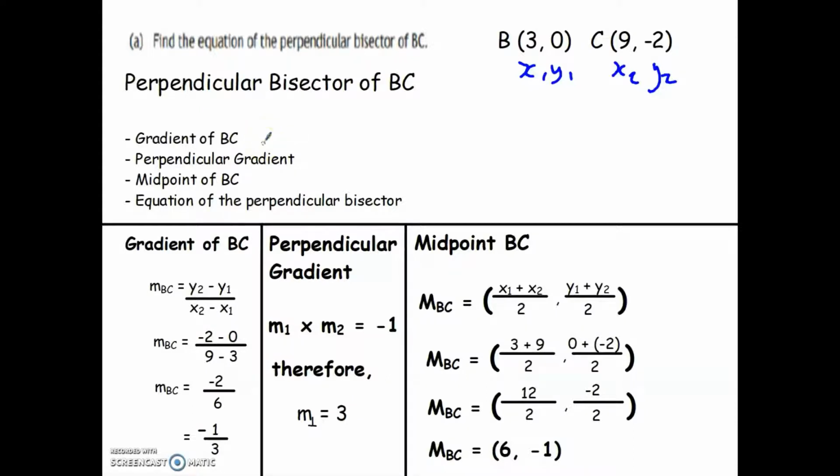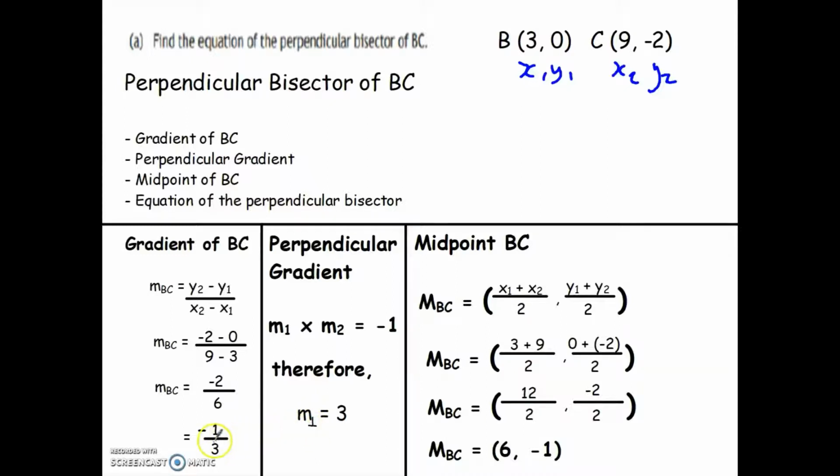Because it's perpendicular, we want to get the perpendicular gradient. Our statement that we can write is that m1 times m2 is going to be equal to negative 1. This is a communication statement that's useful for us. What we can then say from there is we can get our perpendicular gradient. I often denote that by this symbol here, which just means perpendicular. Some of you may use different phrases, but that's totally okay, just as long as you're comfortable getting the perpendicular gradient.